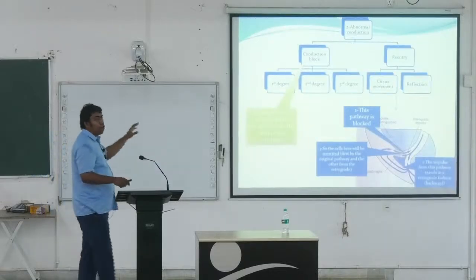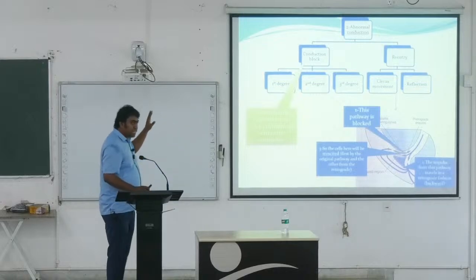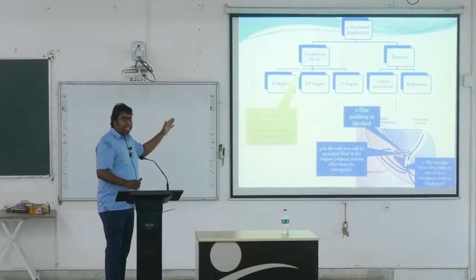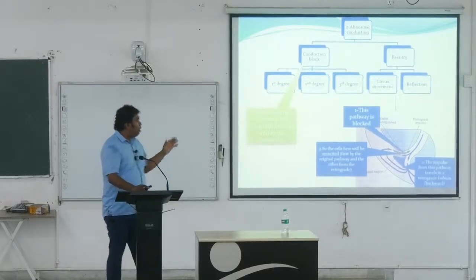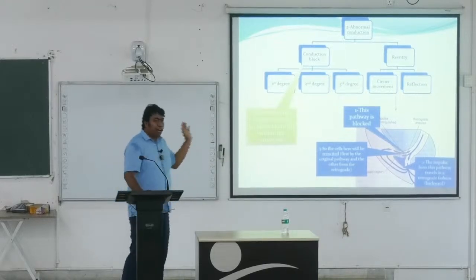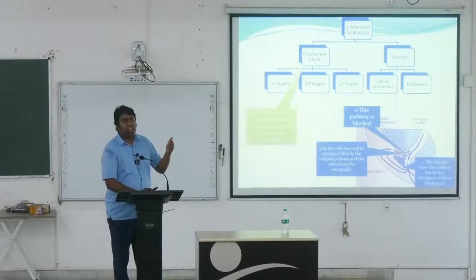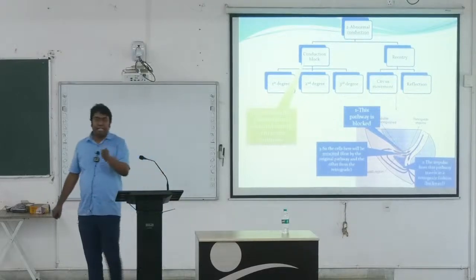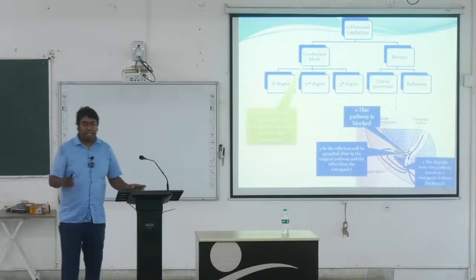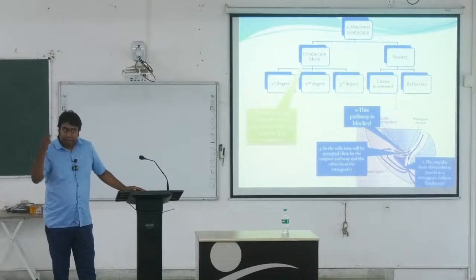Next is abnormal conduction. Abnormal conduction can be conduction block, first degree, second degree, third degree block, or there may be re-entry phenomena. Block leads to bradycardia, not tachycardia, and it can sometimes be helpful.